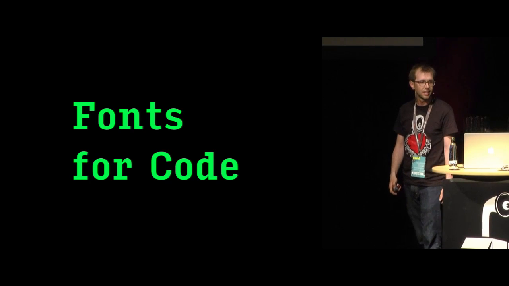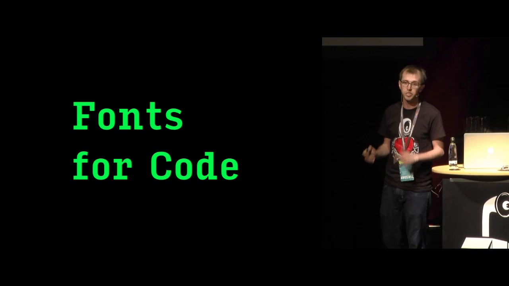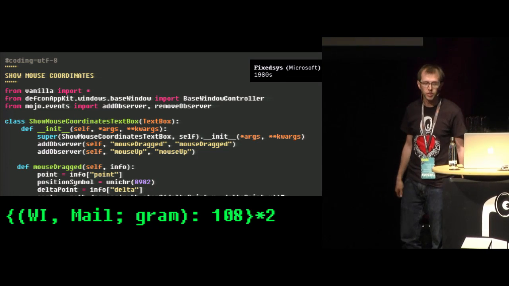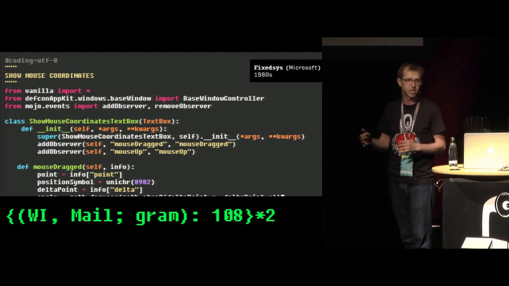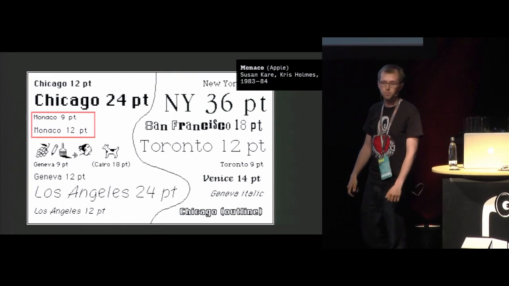Okay. So those fonts that I just showed you are designed for anything on the screen, not code specifically. But fonts like Fixsys, which I showed you earlier, really left their mark on the next generation of outline-based fonts that followed them. This is Monaco.